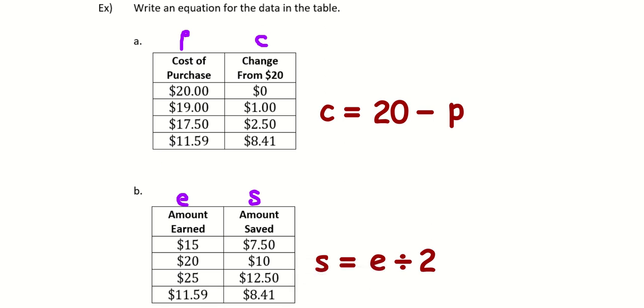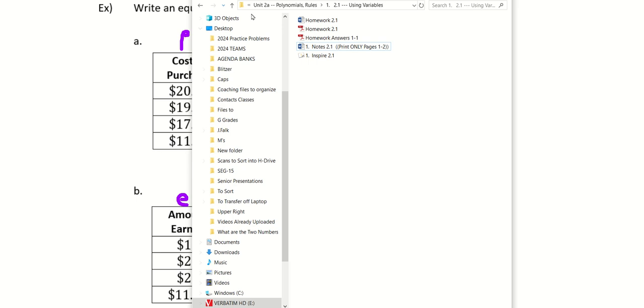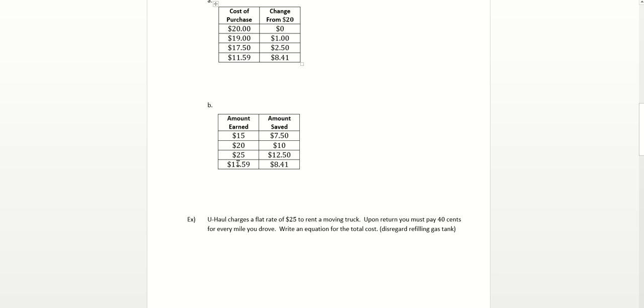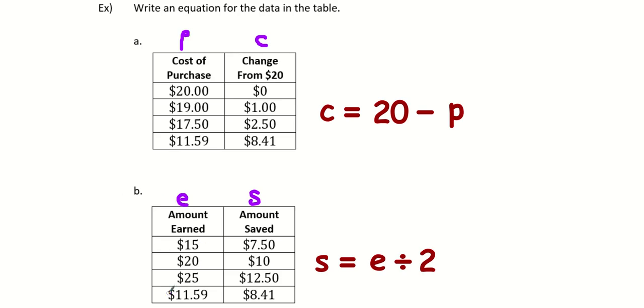So what is this? 2.1. What the heck? It's not good. Yeah, something's going on there. My mistake. That'll have to be fixed, won't it? But there you go. The savings will always equal E divided by 2.